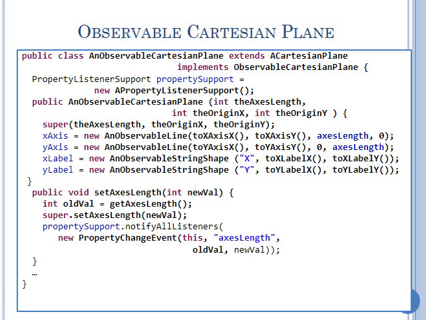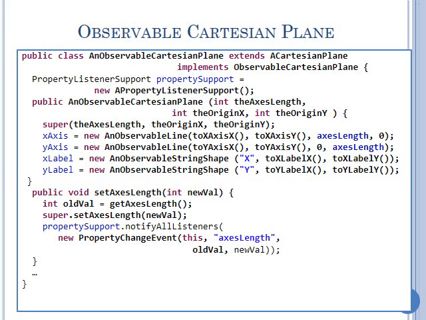Okay, so this is my set axis method now. Now my x-axes are not my regular lines; they are observable lines, and so they are richer classes, and these announce things. And because these announce events, all I do in my set axis length is say, notify all listeners about the axis length change, and I don't have to go and notify about other things.